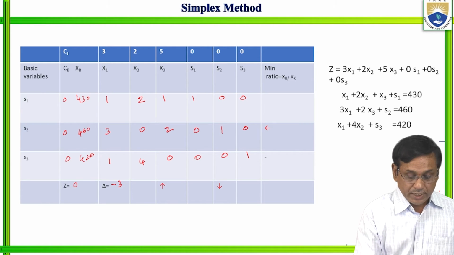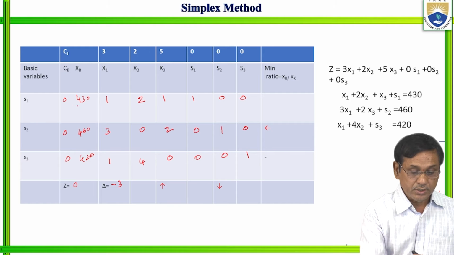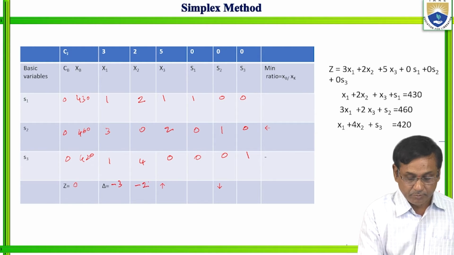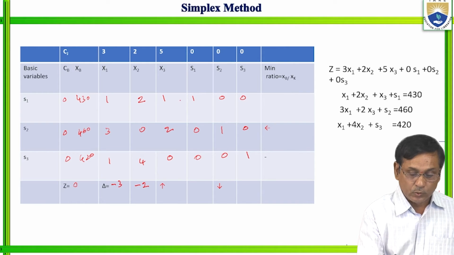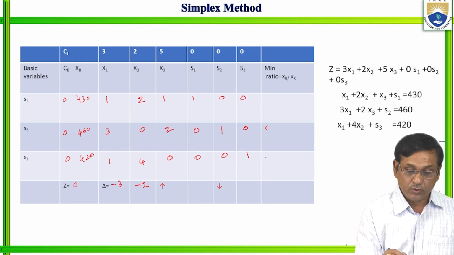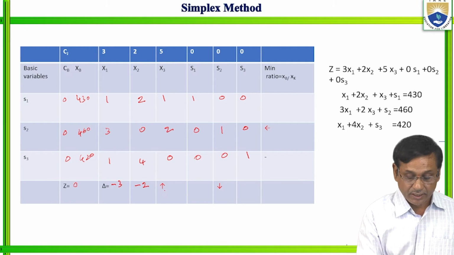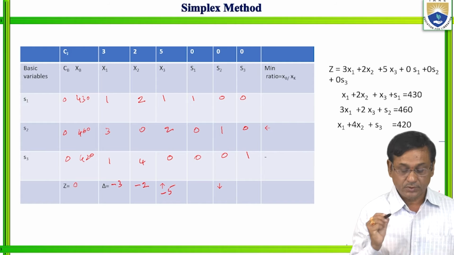Next, corresponding to the second one, CB XJ is 0 into 2 plus 0 into 0 plus 0 into 4. The value is again 0, minus Cj is minus 2. Then x3: 0 into 1 plus 0 into 2 plus 0 into 3 is equal to 0, and Cj value is 5, so you are getting minus 5.